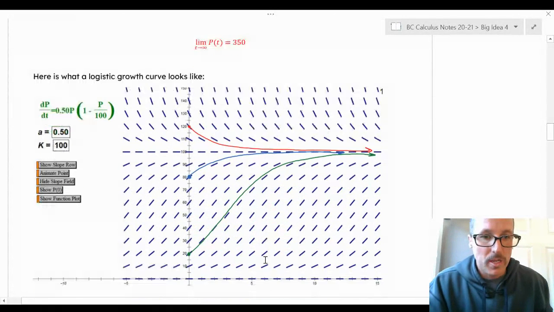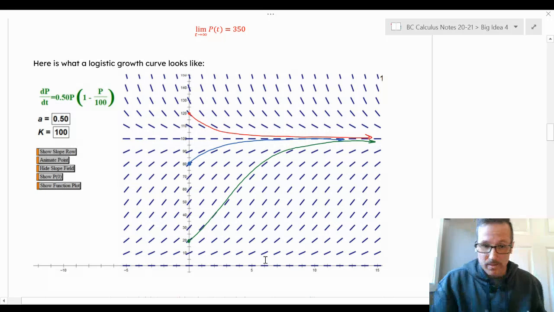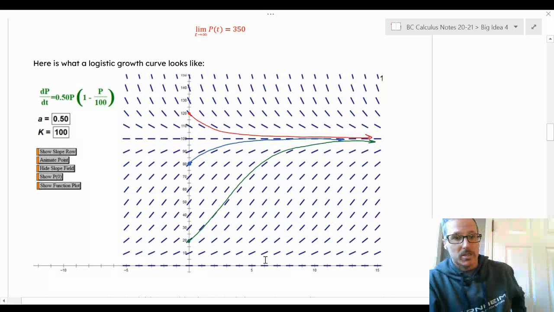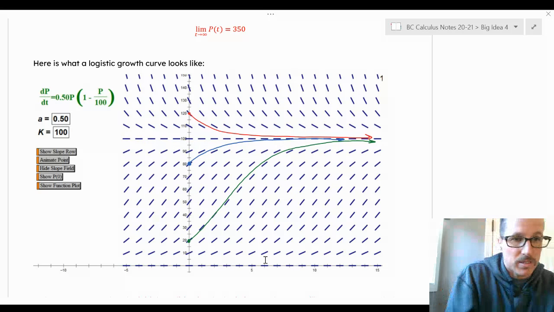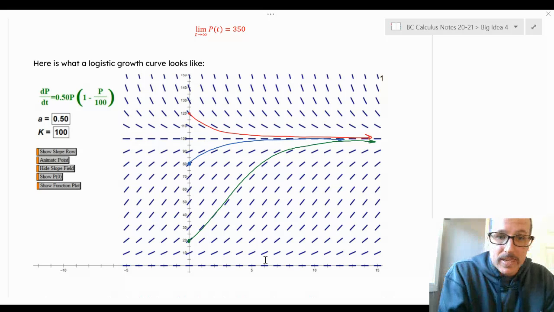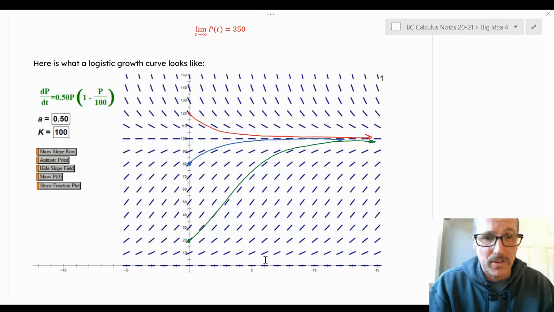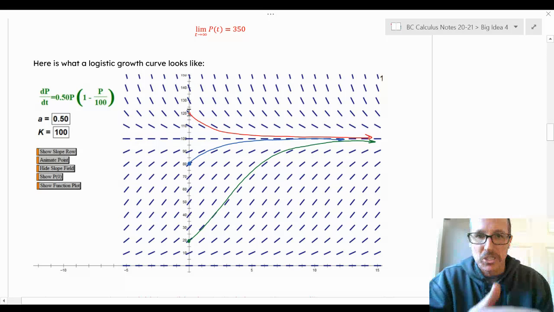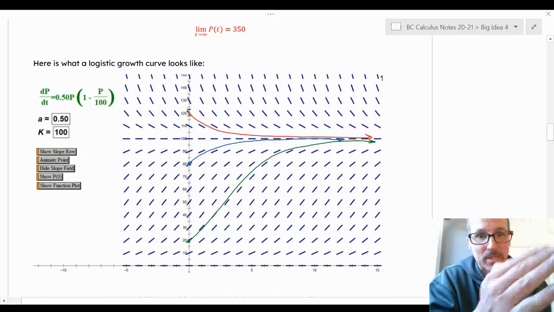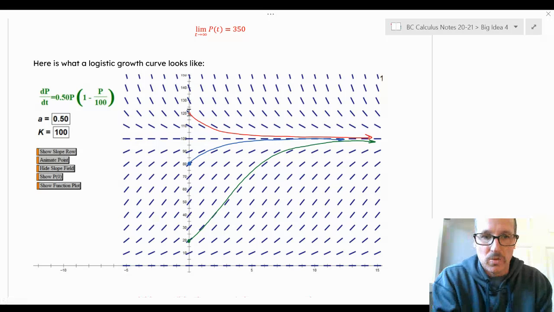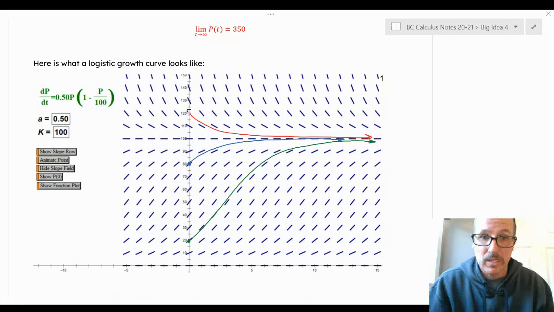So here is a slope field for a logistic growth curve, here in green, where the carrying capacity is 100. I've drawn a couple of solution curves starting at different values. Like I said, if you start above the carrying capacity, like here at 120, the curve is going to be trending toward the carrying capacity, decreasing to the carrying capacity.